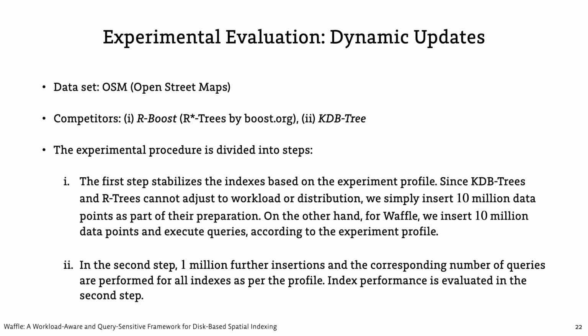Since KDB-trees and R-trees cannot adjust to workload or distribution, we simply insert 10 million data points as part of their preparation. On the other hand, for Waffle, we insert 10 million data points and execute queries according to the experiment profile. In the second step, 1 million further insertions and the corresponding number of queries are performed for all indexes as per the profile. Index performance is only evaluated in the second step.